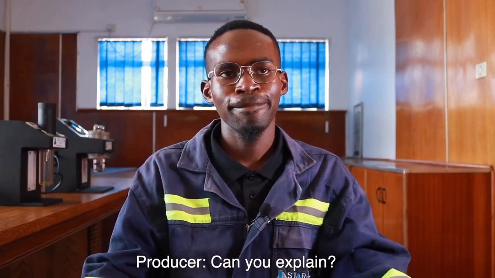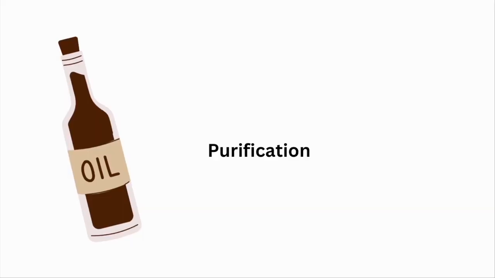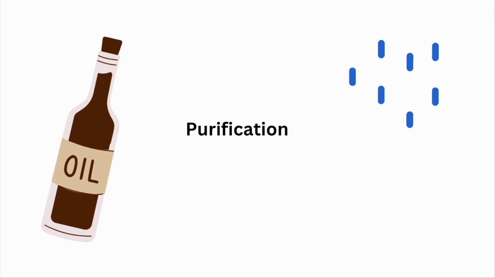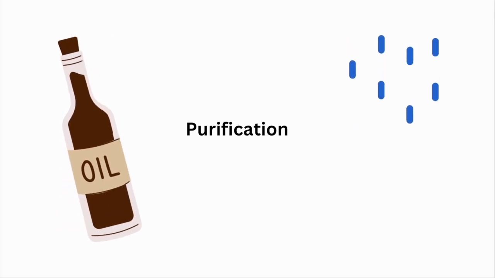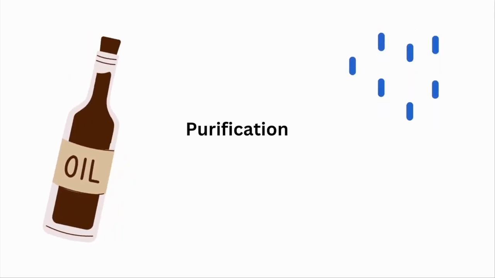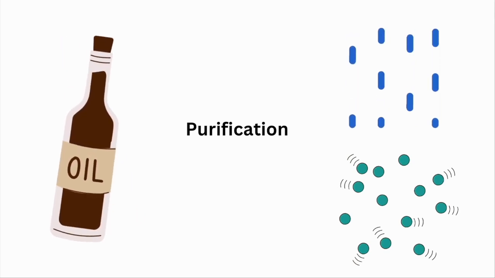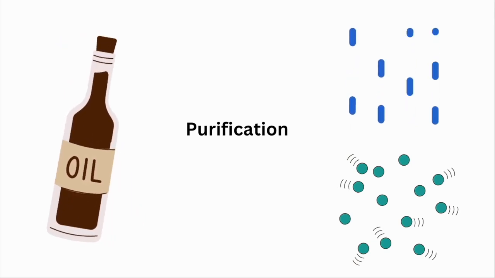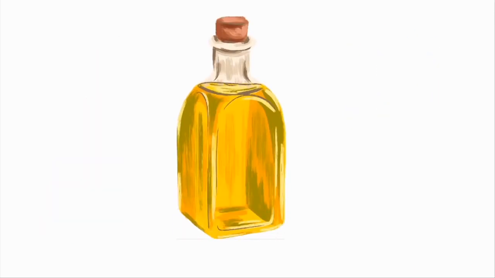Okay, can you explain? All right, so purification mainly dehydrates the moisture or the water in the oil, and it also removes the dissolved gases in the oil. But regeneration takes it a step further by restoring the properties in the oil.